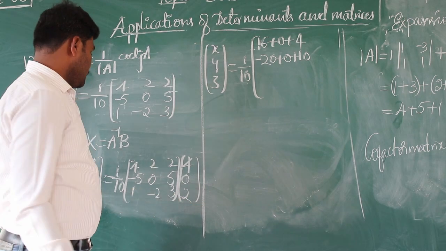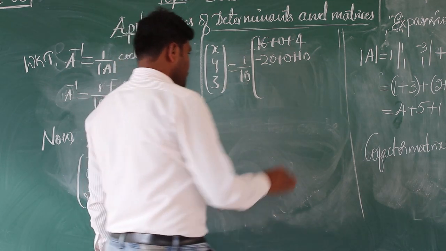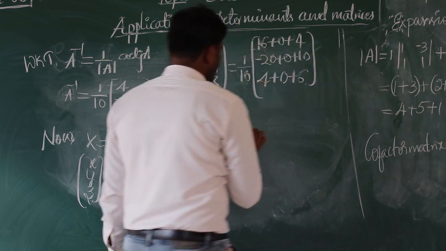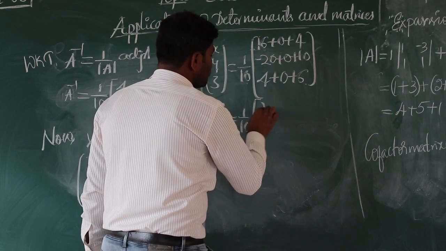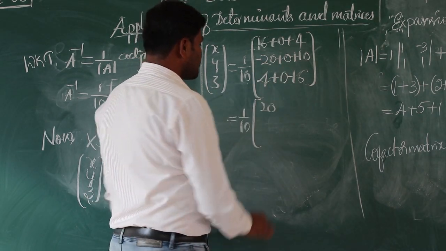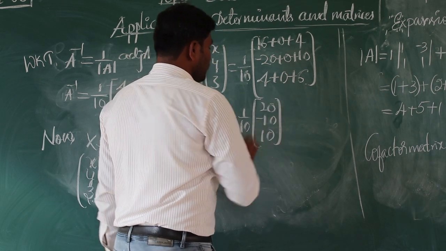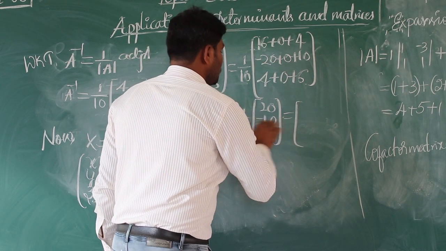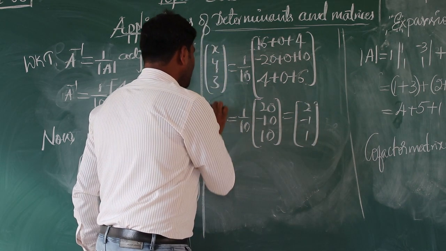Last row elements 4 plus 0 plus 6. And this becomes 1 upon 10 of 20, minus 10, and 10. On multiplying the scalar quantity to each element, it is equal to 2, minus 1, 1. This is the value of x.